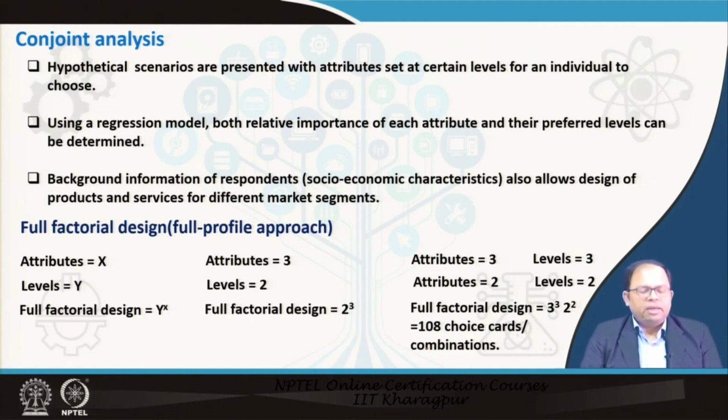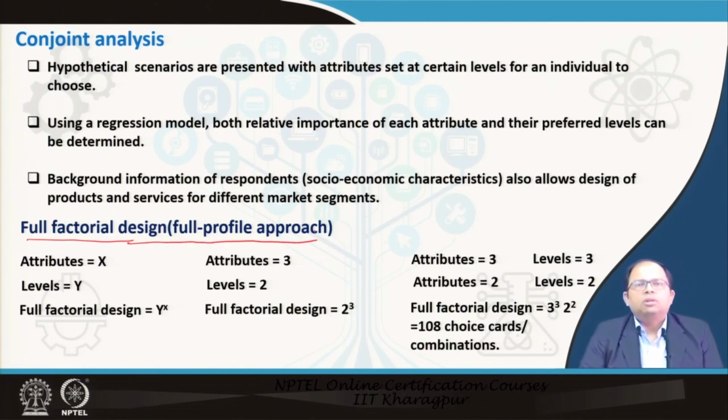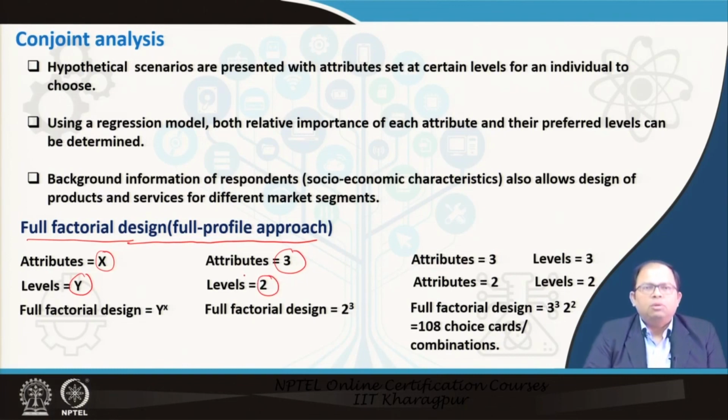Now, as you can see over here, when we consider a full factorial design, which is also called a full profile approach, for example, we have x as the number of attributes and y as the number of levels. So for example, we have 3 attributes, and each of these attributes has 2 levels.